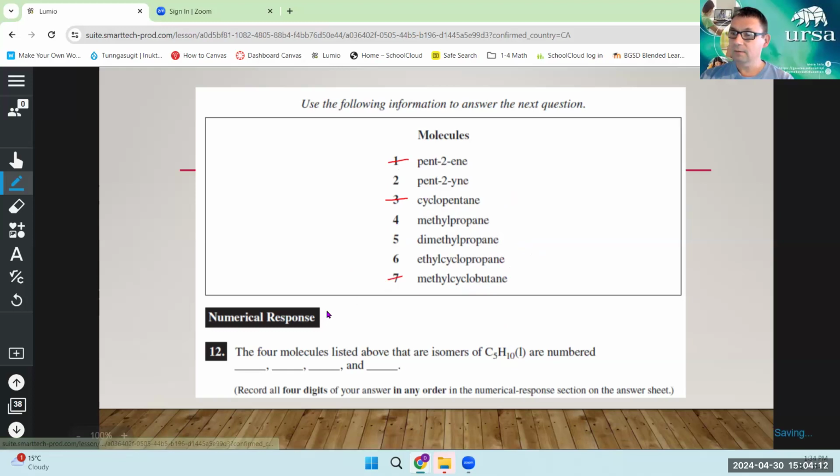Here and here. So 1, 3, ethyl cyclopropane, methyl cyclobutane, methane, ethane, propane, 4, 5 carbons. So 6 and 7 will be there as well. 1, 3, 6, and 7.